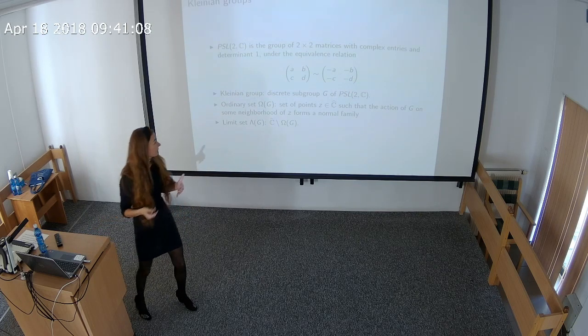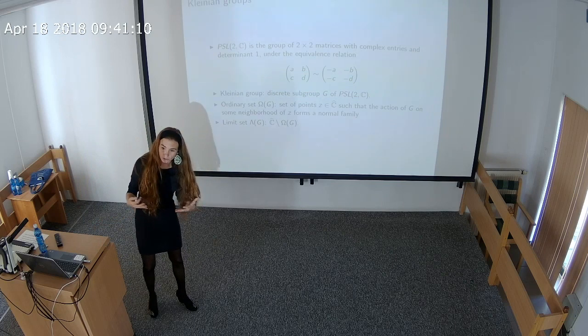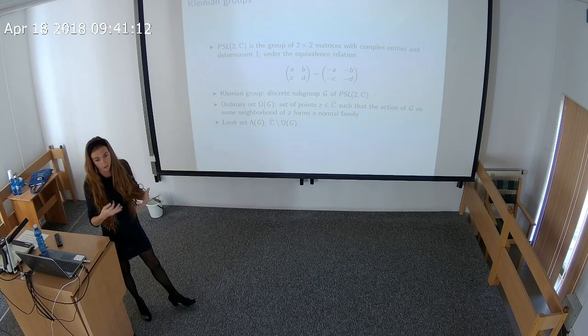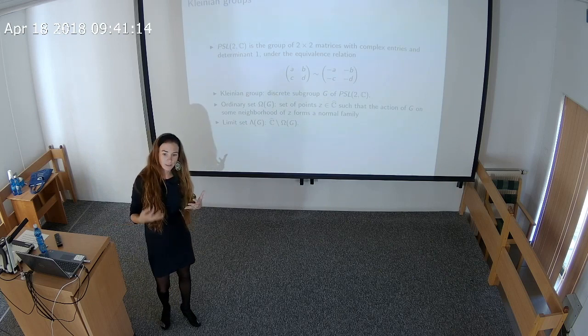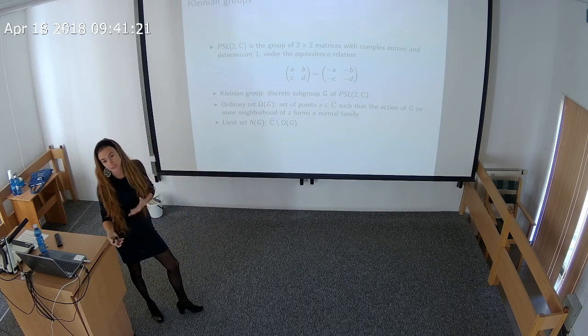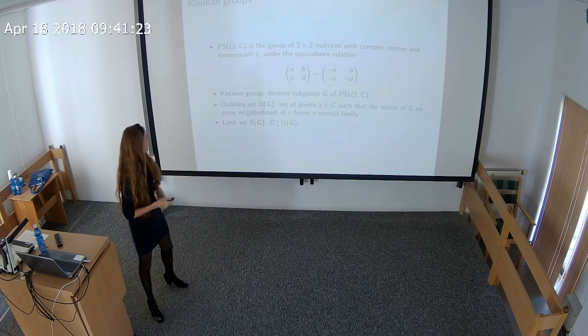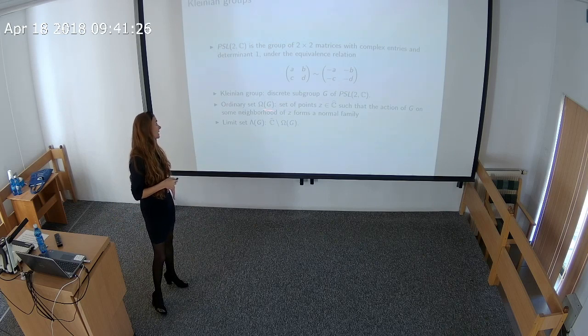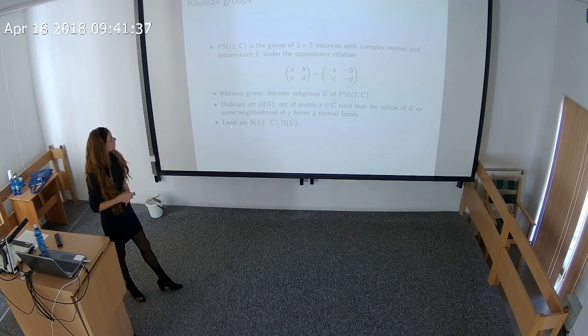If you have the action of a Kleinian group on the Riemann sphere, this action also gives a partition of the Riemann sphere which is dynamically meaningful. Namely, it divides it into the ordinary set, the set of points where the action of the group in some neighborhood of zeta forms a normal family, and the limit set, which is its complement.